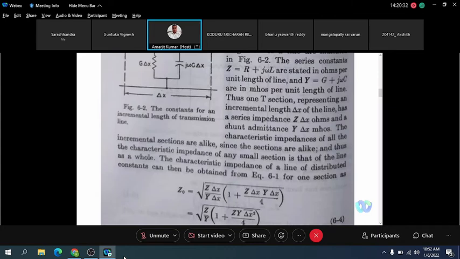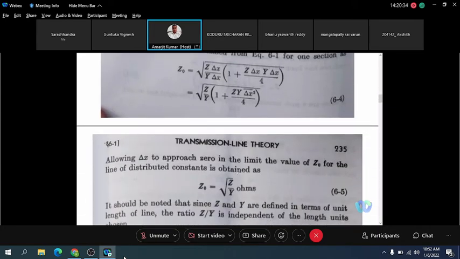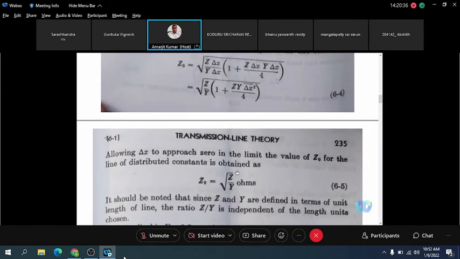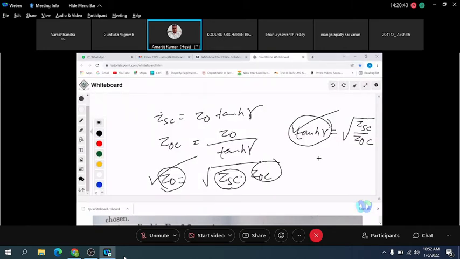Now the characteristic impedance. Use the formula. What will be the characteristic impedance? Z0 was equal to the square root of Z1 Z2 plus Z1 square upon 4.